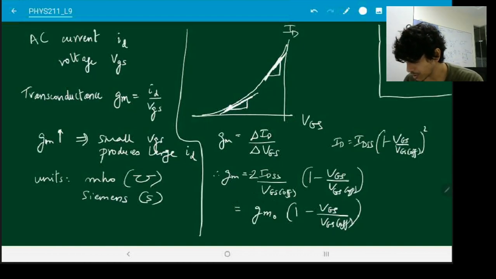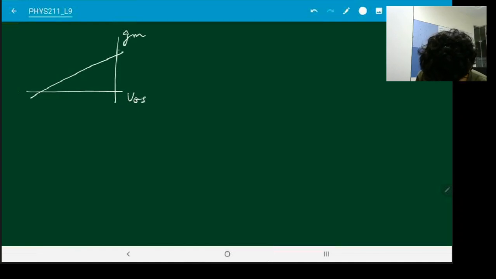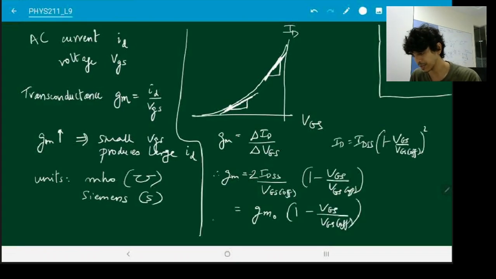So now I can plot what gm looks like as a function of VGS, and from the formula you can see that it's going to be a linear function. So it looks something like this. It's a straight line where this value over here is VGS cutoff, because you can see if I set gm to 0, then that means VGS should be equal to VGS cutoff.